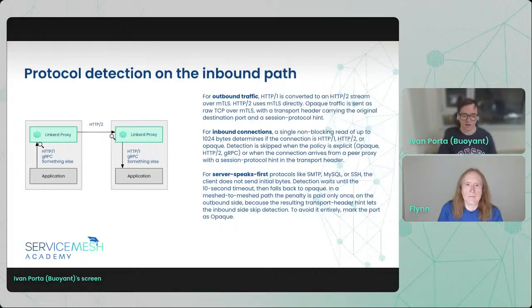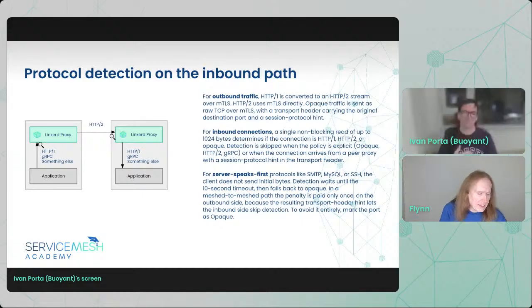It can be HTTP1, gRPC, Kafka, or something else. There are a lot of different protocols, so the proxy can't support all of them. It focuses on layer 4 and layer 7.